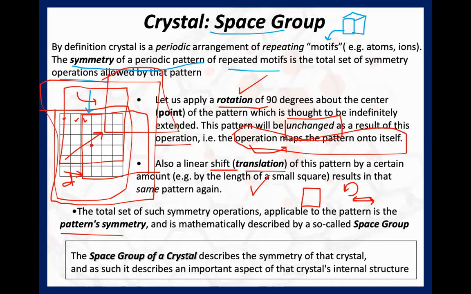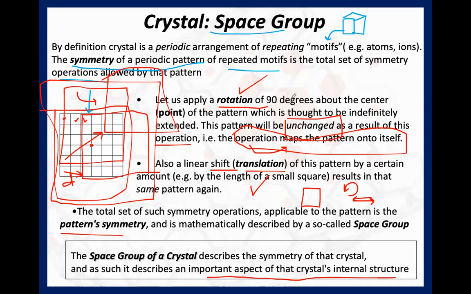Each crystal has its own space group. Each crystal has its own shape and own space group, which is a result, or a feature, of its internal structure. Its internal structure defines this symmetry, that is, how the unit cells are stacked together. So the symmetry is important to define the space group.